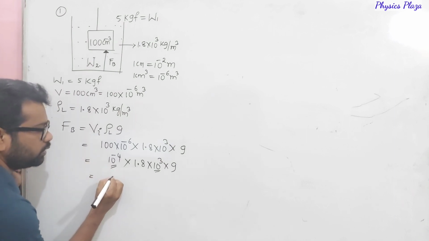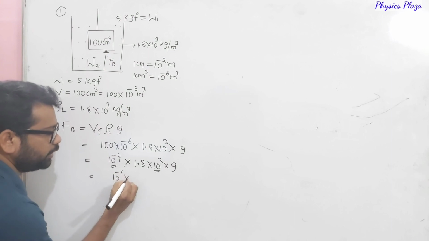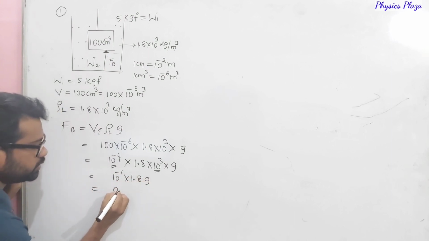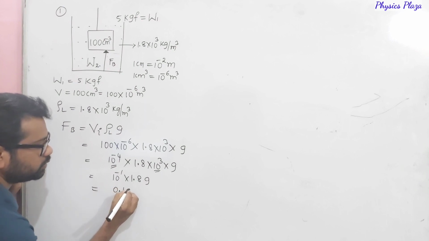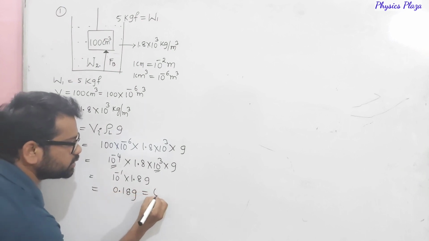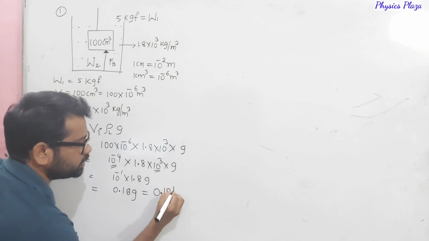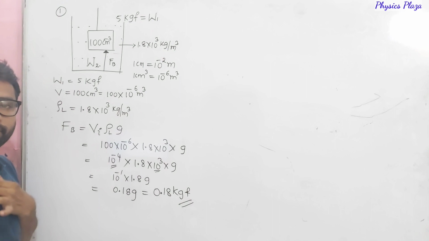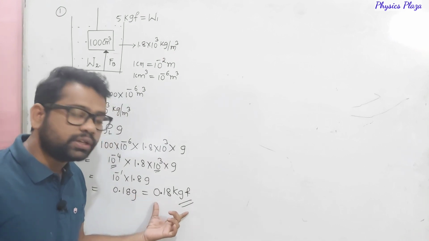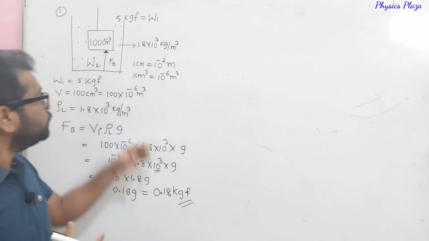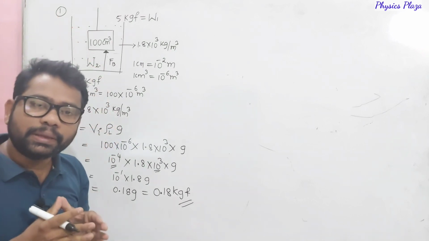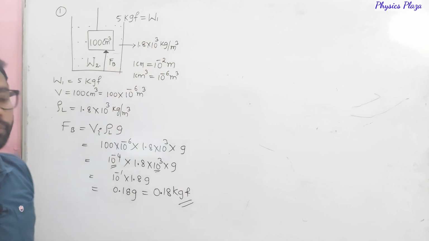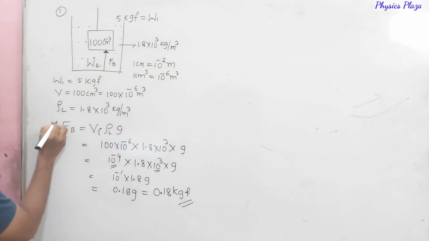So this will be 10 power minus 1 into 1.8 g, which is 0.18 g, that can be written as 0.18 kgf. So children, this is the buoyant force acting on the body when it is completely immersed in a liquid of density 1.8 into 10 power 3 kg per meter cube. This is the first one they are asking us to calculate.